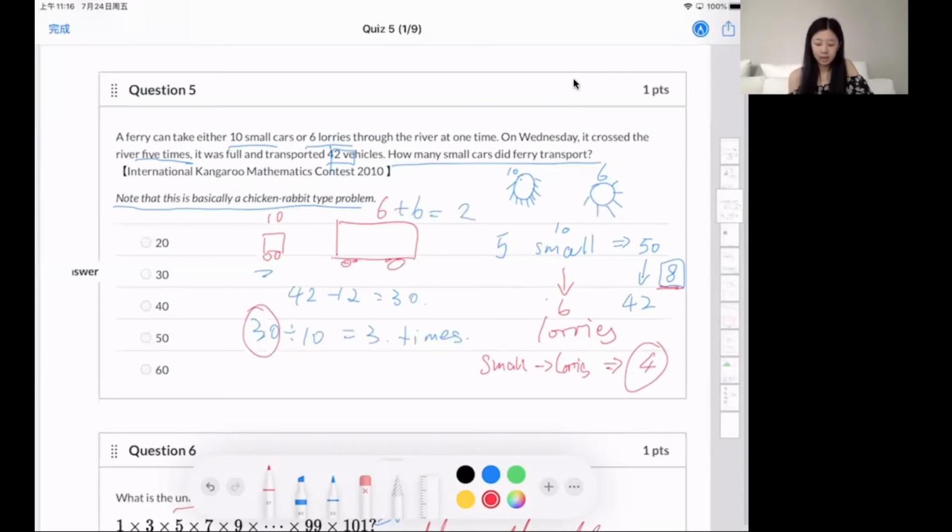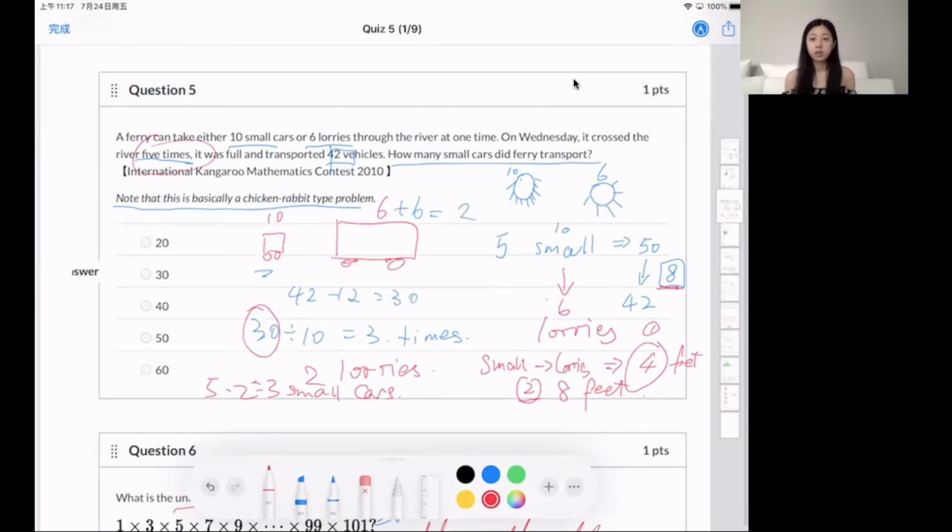So we replace 2 of them, right? One of them is 4 feet, so 2 of them is 8 feet, okay? So now we know we need 2 lorries. Total is 5 times, so 3 times of small cars.